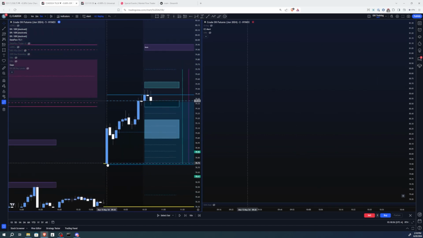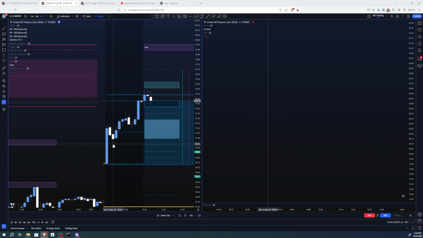Todd, is this a juicy elephant bar for you, where you're thinking, dude, you guys are missing out on this move right here? Yeah, that would definitely be one where you see the pullback. It's almost at that 50% on that wick. To me, it would be a no-brainer to take the color change.